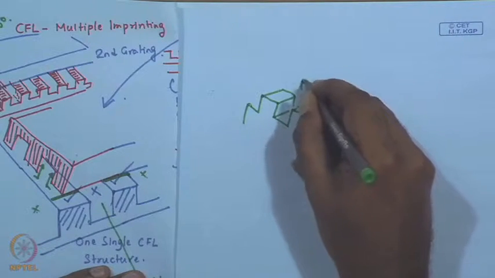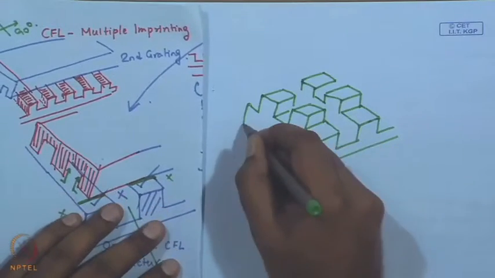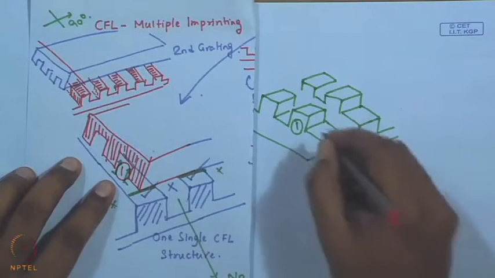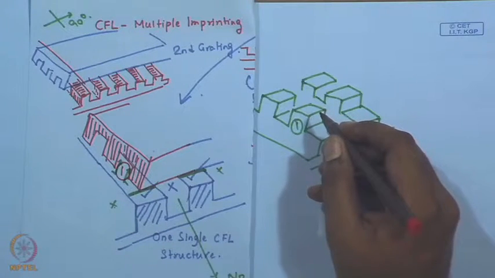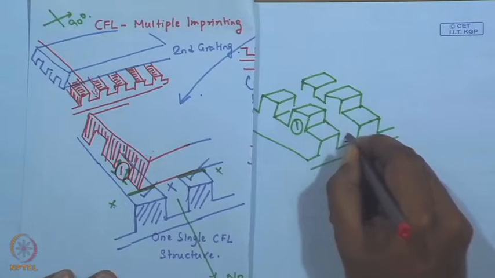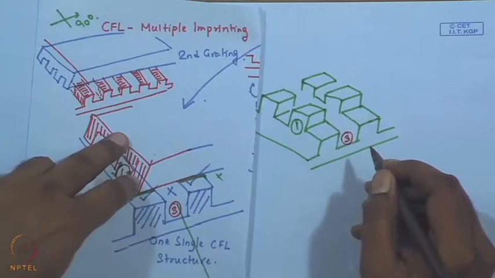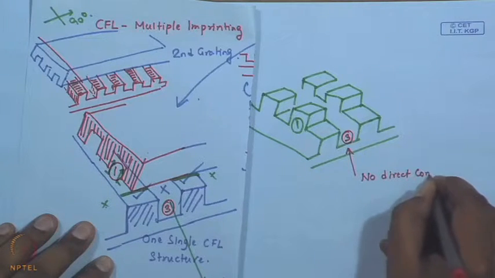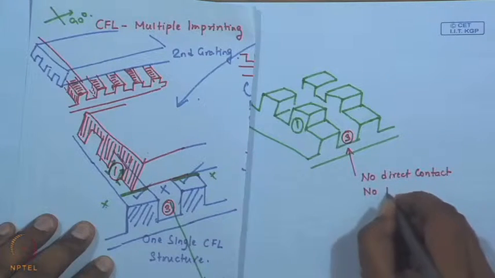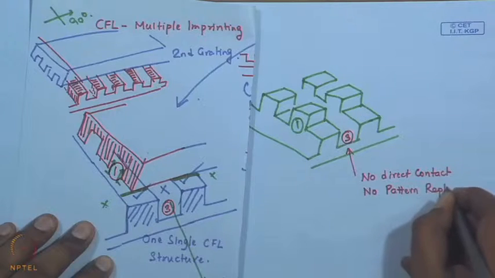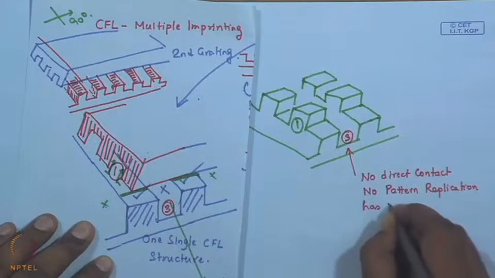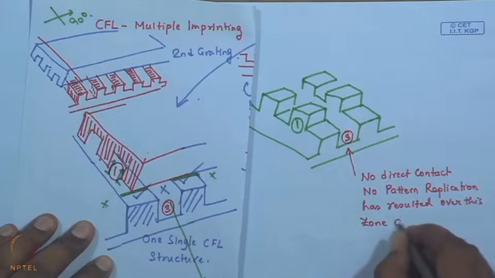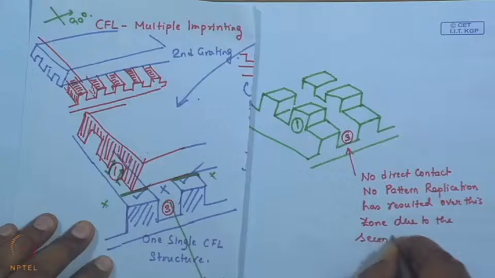So, you can immediately understand that if I mark this as the same zone 1 in this particular picture, where you have a second capillary rise below the second grating, and here over, let us say, zone 3, the stamp and the pre-patterned film, there was no direct contact, and therefore, no pattern replication has resulted over this zone due to the second stamp.